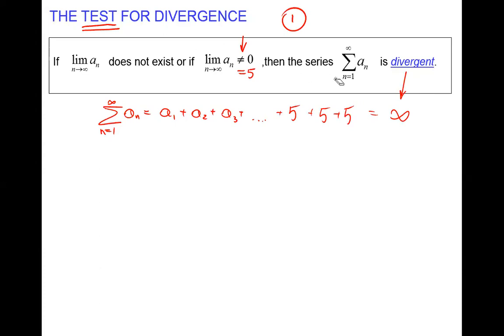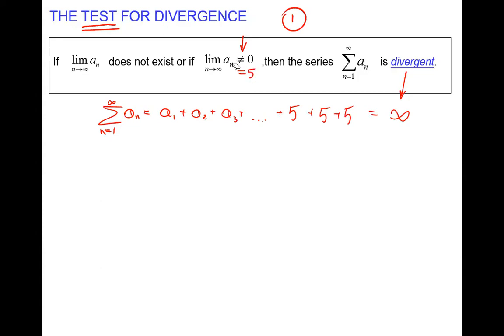That's important. Always, when you see an infinite series, take that a sub n formula and compute the limit. If the limit is different than 0, the infinite series is divergent. End of story. But if the limit is 0, please remember, we know nothing about the convergence or divergence.